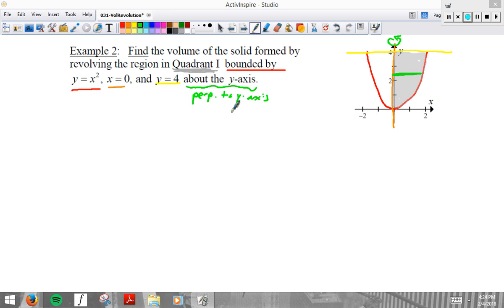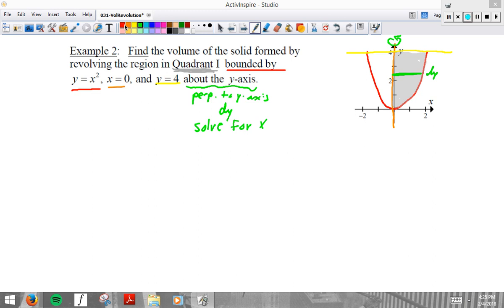So that means we're talking about dy. And when you saw dy, hopefully your brain said, oh, I got to solve for x. About the y-axis means we got to be perpendicular to the axis of revolution here. We're going to have a slogan for that. Once I knew it was perpendicular, I knew it was a dy. Once I saw dy, I know I need to solve everything for x.